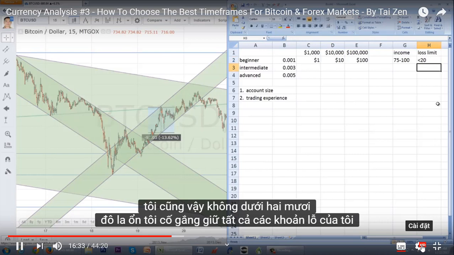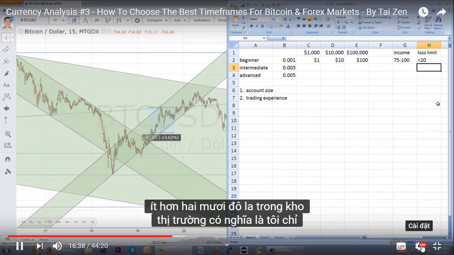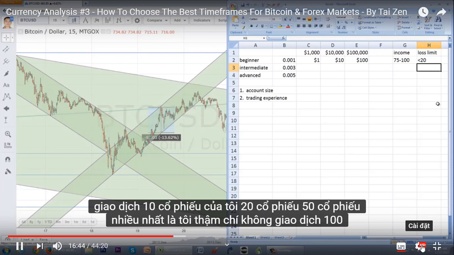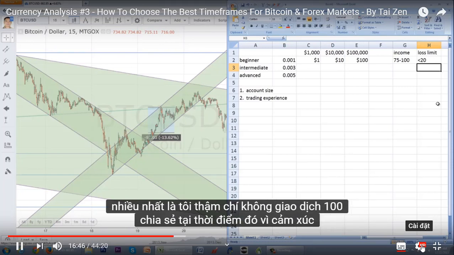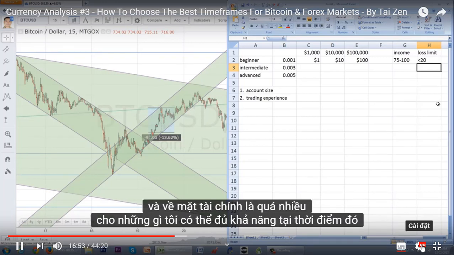I try to keep all my losses less than $20 in the stock market. That means I was only trading like 10 shares, 20 shares, 50 shares at most. I did not even trade 100 shares at that time because emotionally and financially that was way too much for what I could afford.